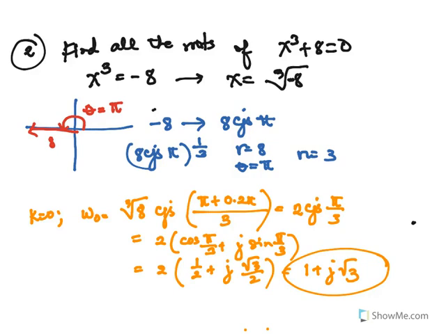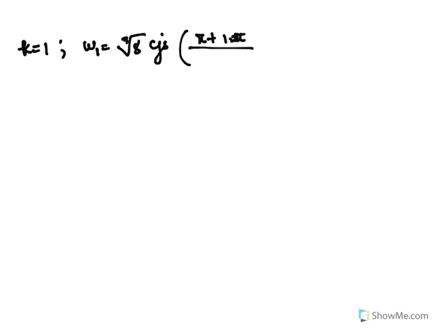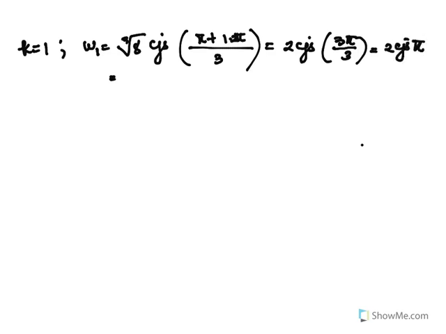Now for our second root, k equals 1. So we solve for omega sub 1. That's cube root of 8 cis of pi plus 1 times 2 pi all over 3, which simplifies to 2 cis 3 pi over 3, which is simply 2 cis pi.